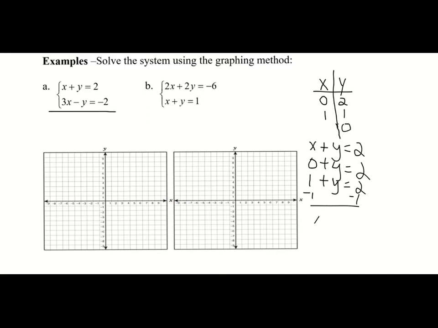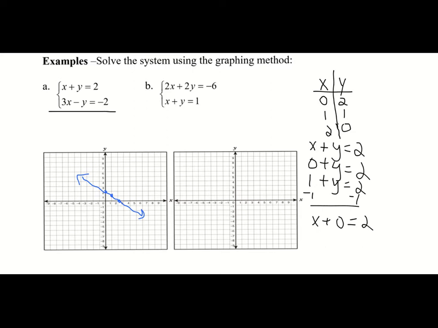So if I make y 0, then I know that x is going to equal 2. So now I have enough points where I can graph that line. Let me do that. I'm going to make it blue so we can see it. I have (0, 2), which is right here, (1, 1), which is right there, and then (2, 0). All right, so here is my equation x plus y equals 2 graphed.